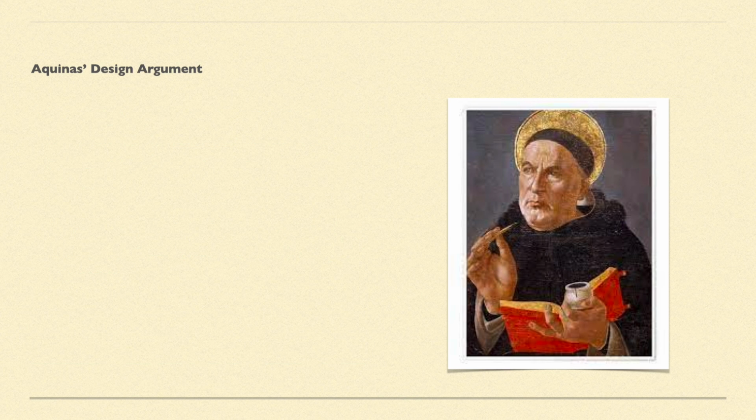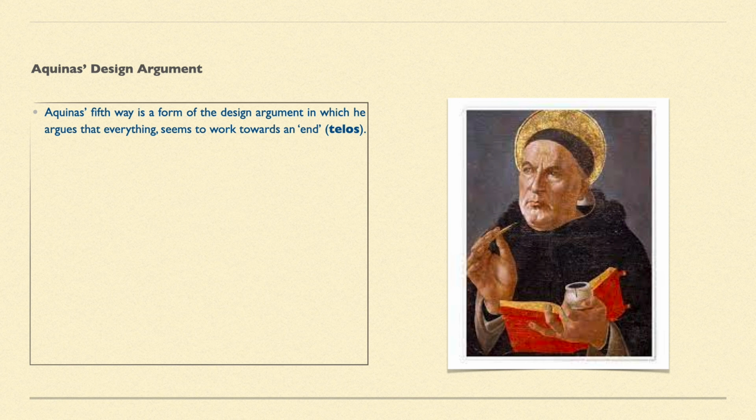The first of the design arguments that we're going to look at is the classic form by St. Thomas Aquinas. Aquinas wrote in his Summa Theologica the famous 3 ways that you might consider and be familiar with from the cosmological argument. But here it's his 5th way, which has a type of design argument.